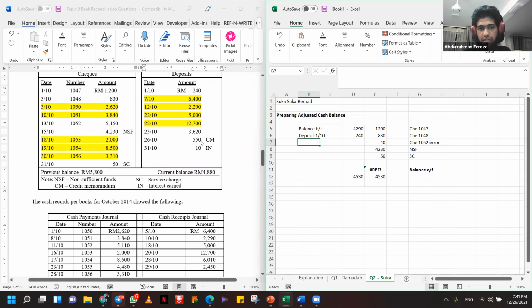And then over here, we have a credit memorandum of 550. So we add this as well.